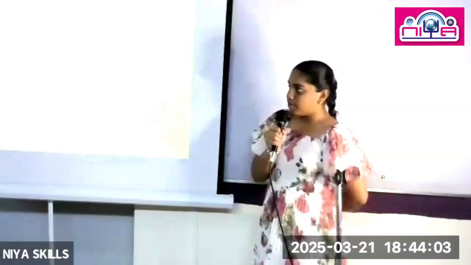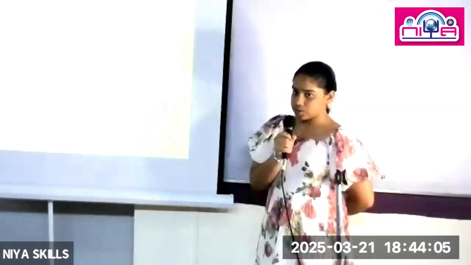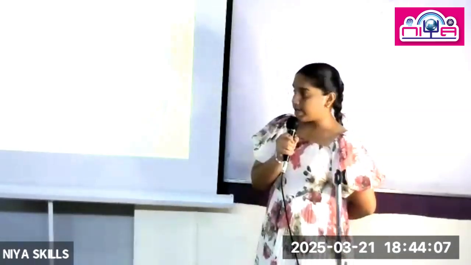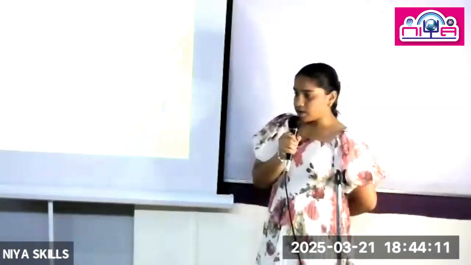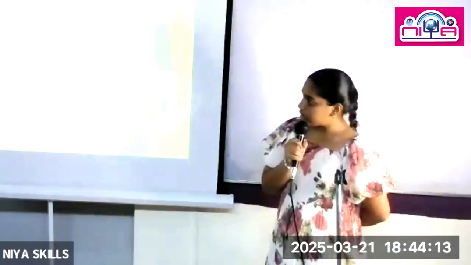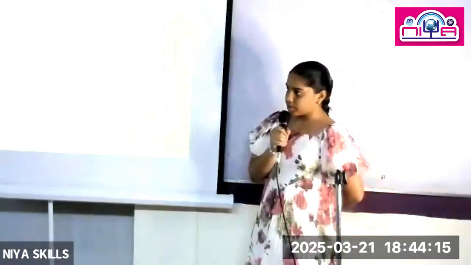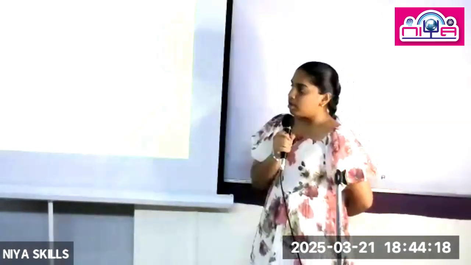Sources of livelihood: agriculture is the main source of livelihood in India and other countries, where we are living depending on agriculture. Supply of food: supply of food to the country is very important.